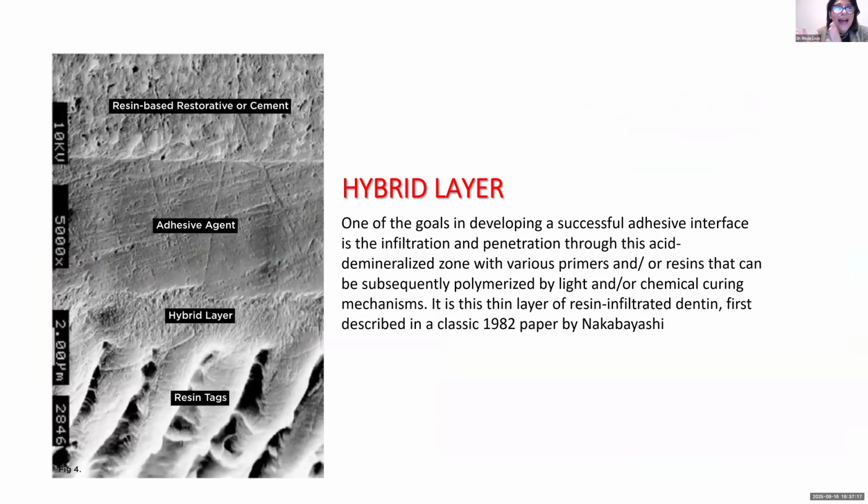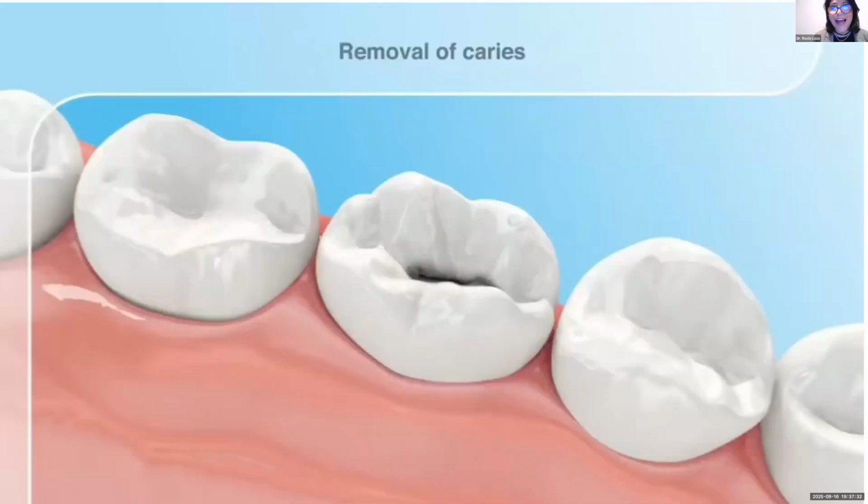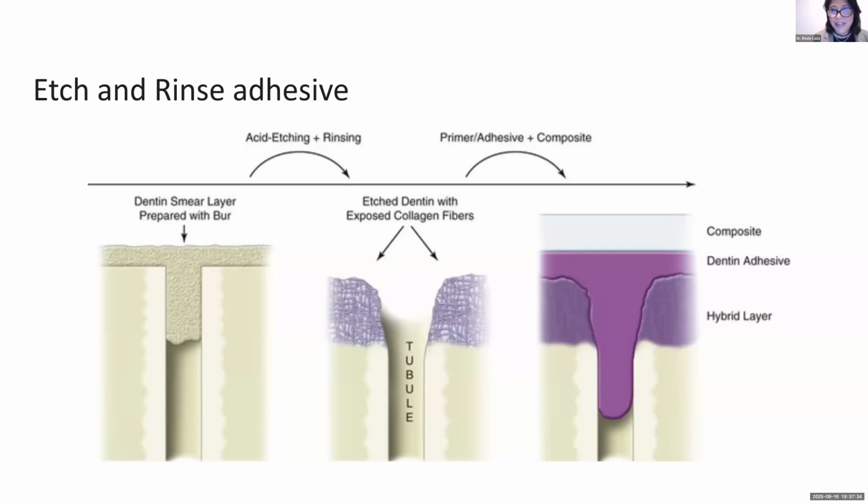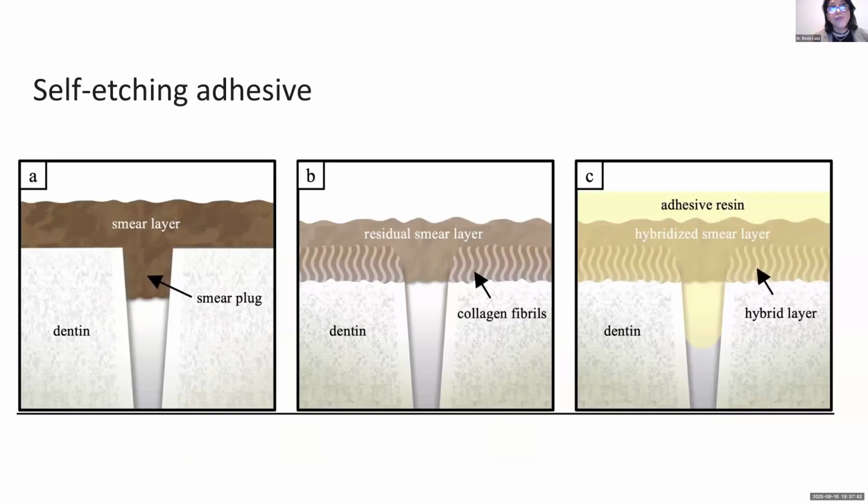Plastics that need to adhere to an organic matrix, for example, collagen fibers. So when you use a resin, you need to prepare the dentin, making a hybrid layer. It's important if you decide to use an etch-and-rinse adhesive or a self-etching adhesive.